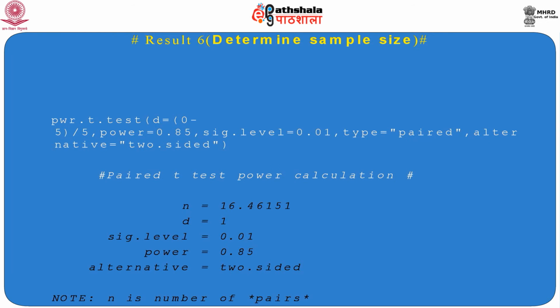This way, getting the optimum sample size is possible. So here we are getting a sample size of 16.46 with significance level 0.01 and power 85%, having alternative 2 dot sided. Now again we reduced our power from 0.85 to 0.80, and it reduced from 16.46 to 15.08. Other things are the same, so it is reducing.